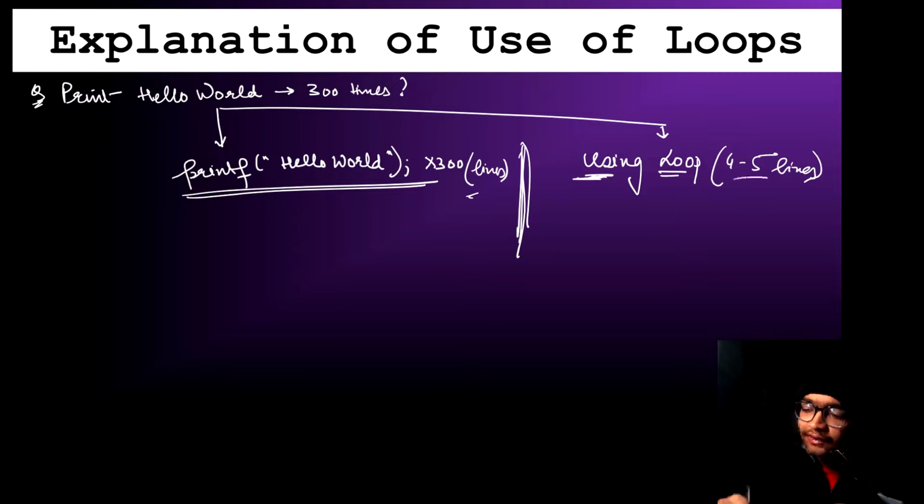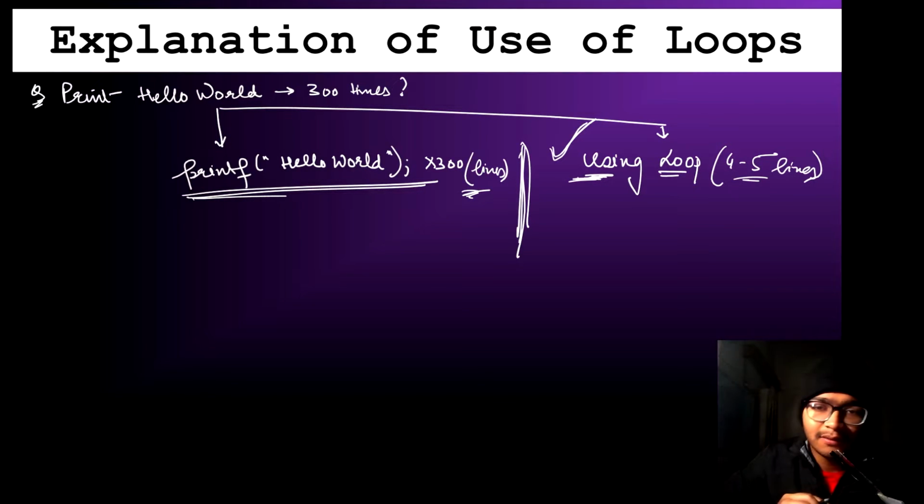The loop is always 4 to 5 lines, depending on the number of times you want the output to be printed. So using loops is very convenient, since we can make a set of statements or a single statement be executed multiple number of times depending on our needs.